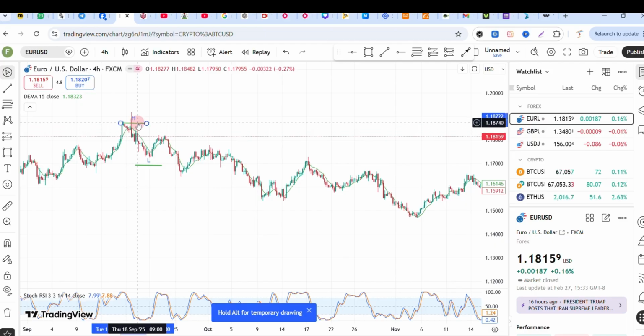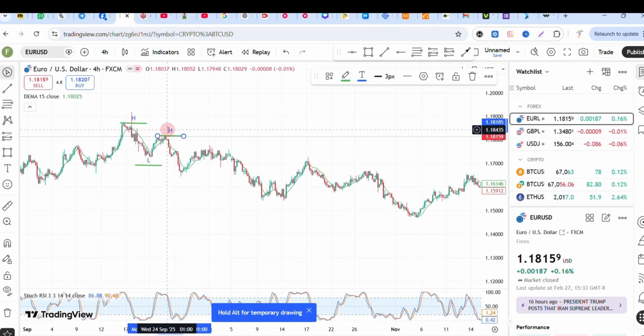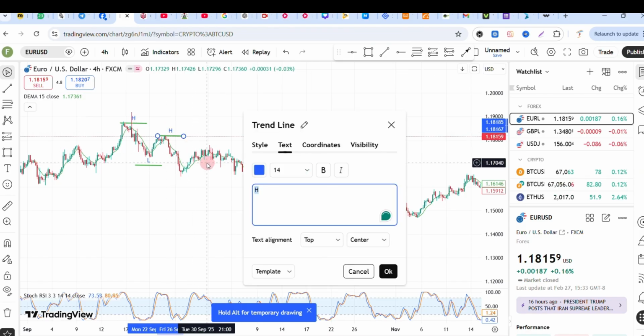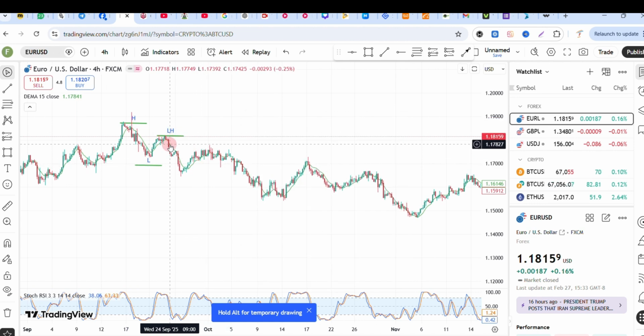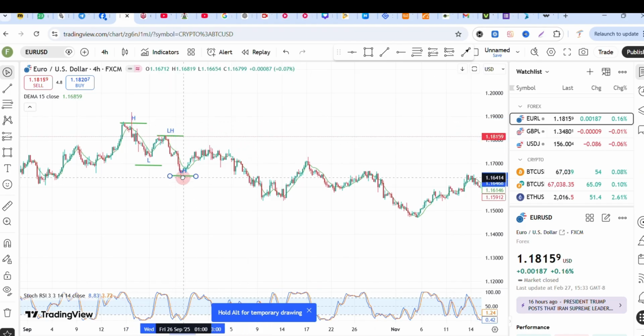So now we said lower lows and lower highs. This is our lower high, and here we have our lower low. You can see that clearly, right?